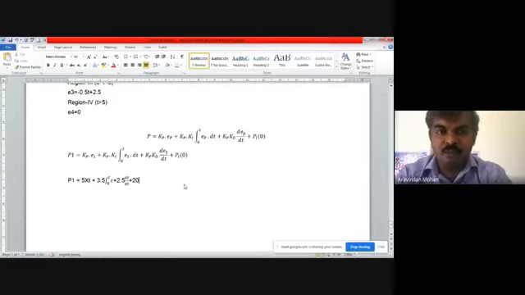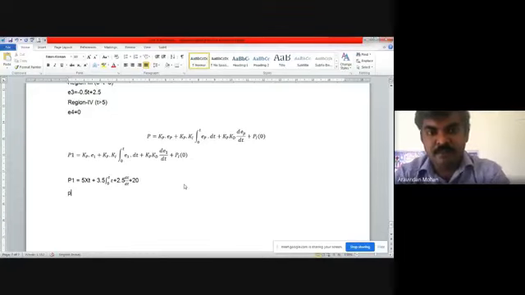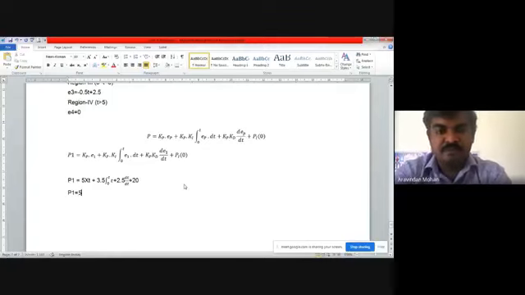Now this equation becomes P1 is equal to 5t plus, you integrate this particular equation, so 3.5.